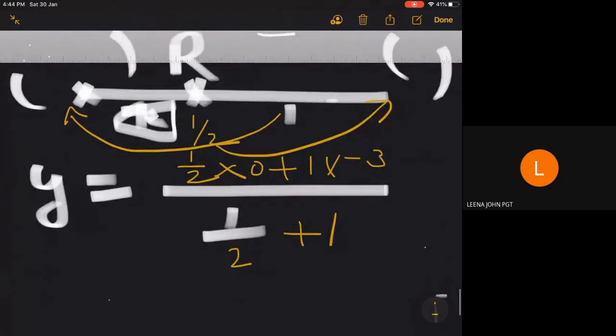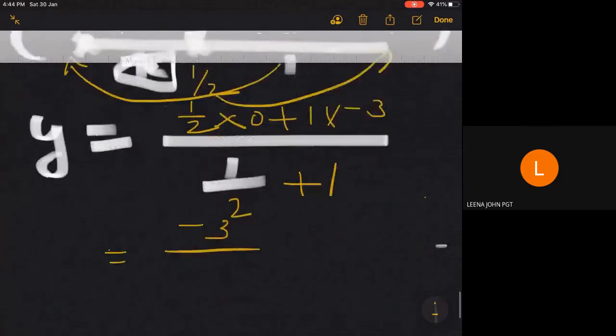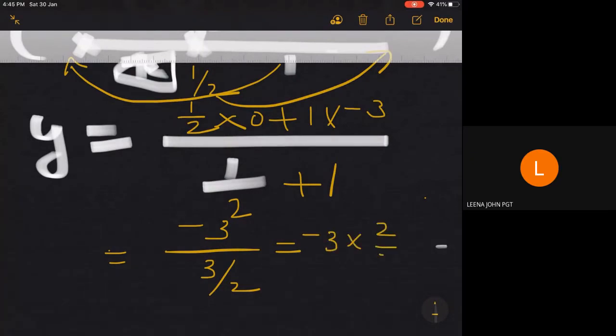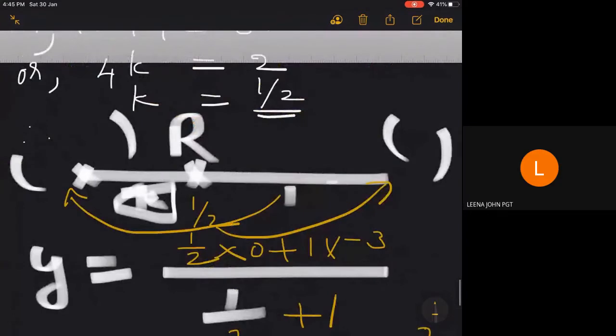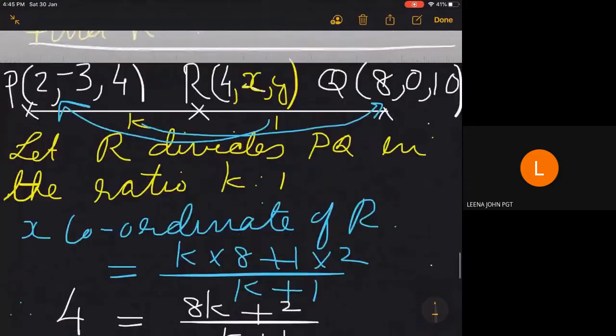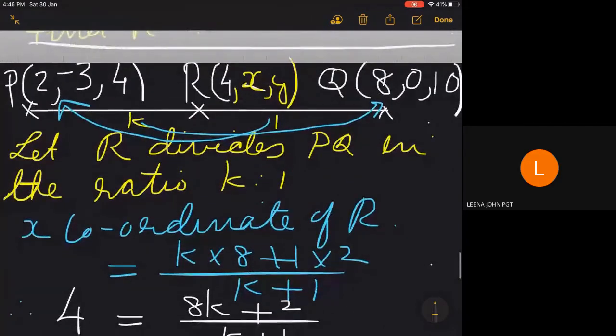Simplifying, that is minus 3 divided by 3 by 2, so we get minus 3 into 2 by 3. Similarly, you will find the z coordinate also. For the z coordinate, you multiply k into 10 plus 1 into 4.